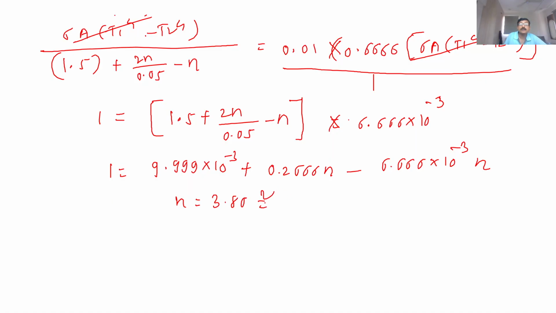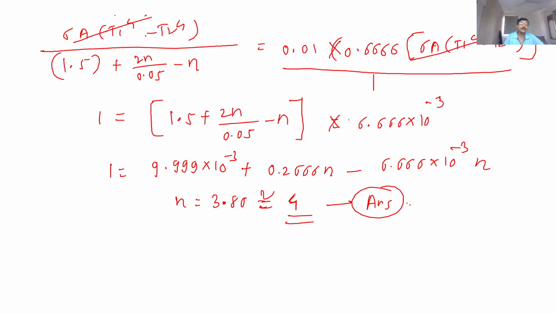If I solve it, the value of n becomes 3.80, but 3.80 should not be the number of shields. It has to be rounded to a whole number. The number of shields is either 1, 2, 3, 4, so they are whole numbers and can't be partial. So I will round 3.80 up to the nearest whole number, that is 4. This is the number of shields answer.